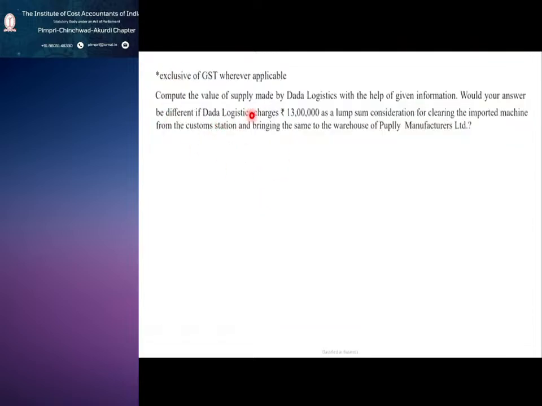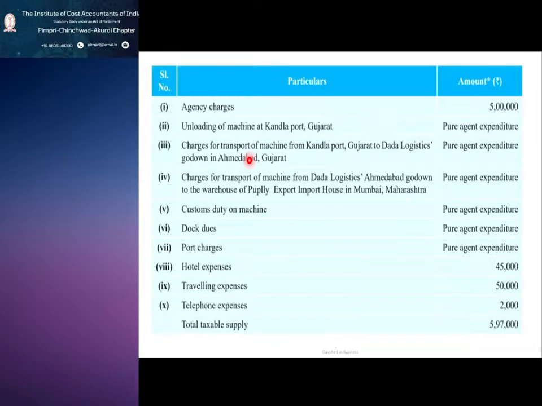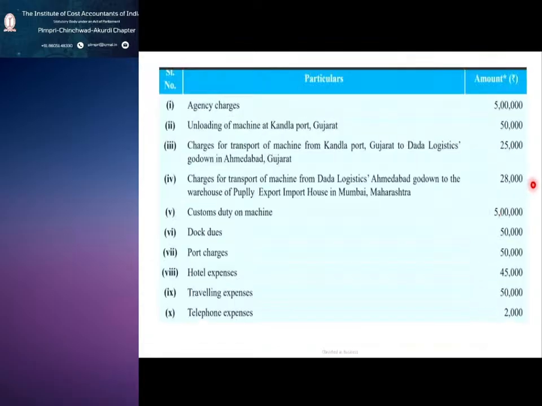In this there is one additional question in the last line: compute the value of supply. Would your answer be different if the logistics charges are 13 lakhs as a lump sum consideration for clearing the imported machine from the customs station?